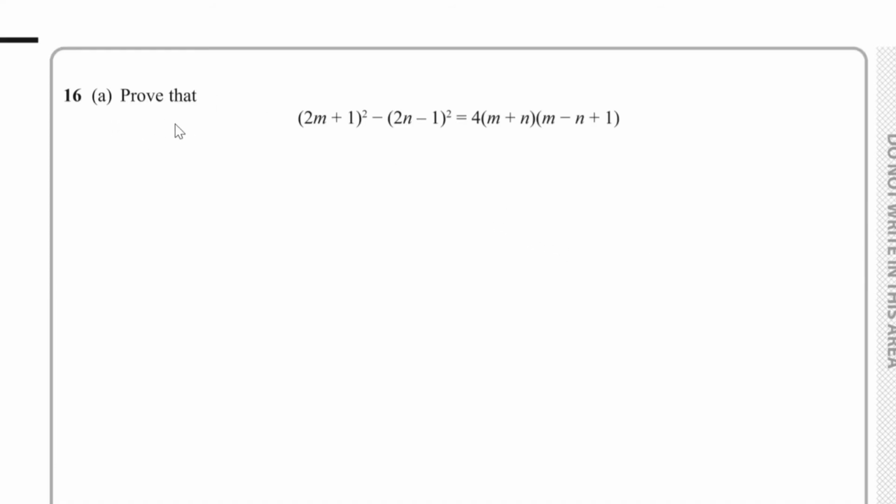Question number 16. For part A, we have to prove that 2m plus 1 all squared subtract 2n minus 1 all squared is equal to 4 times m plus n times m minus n plus 1.